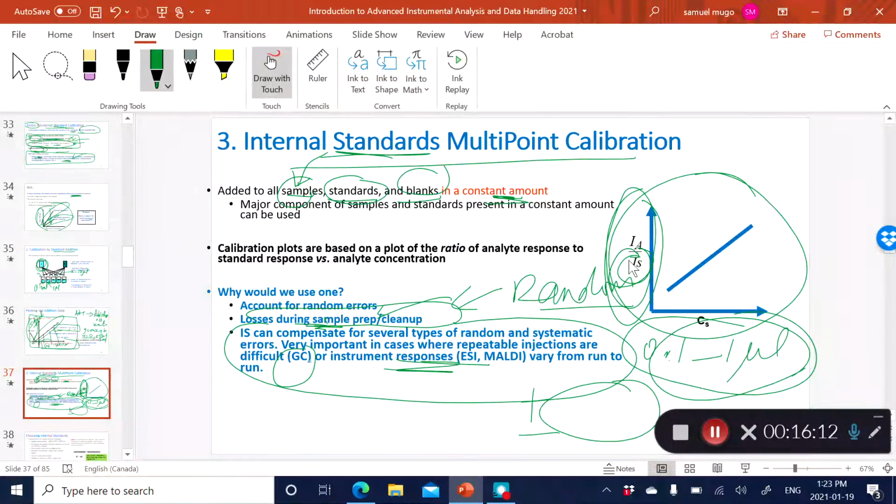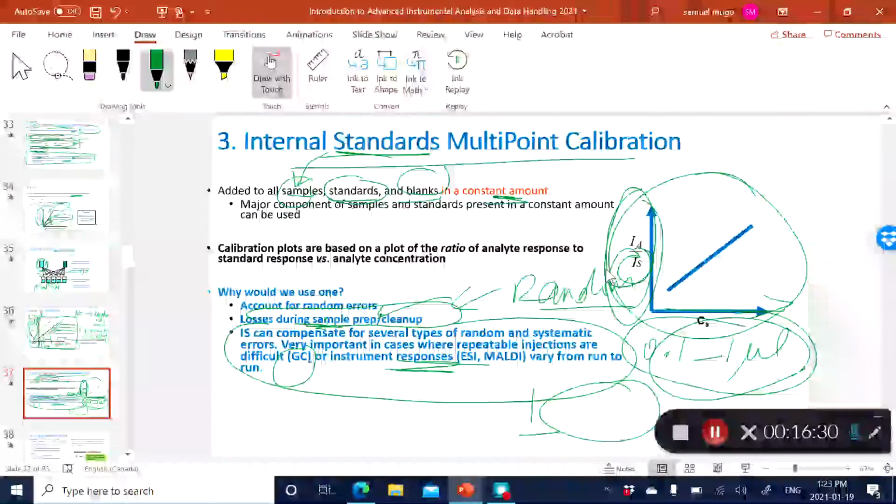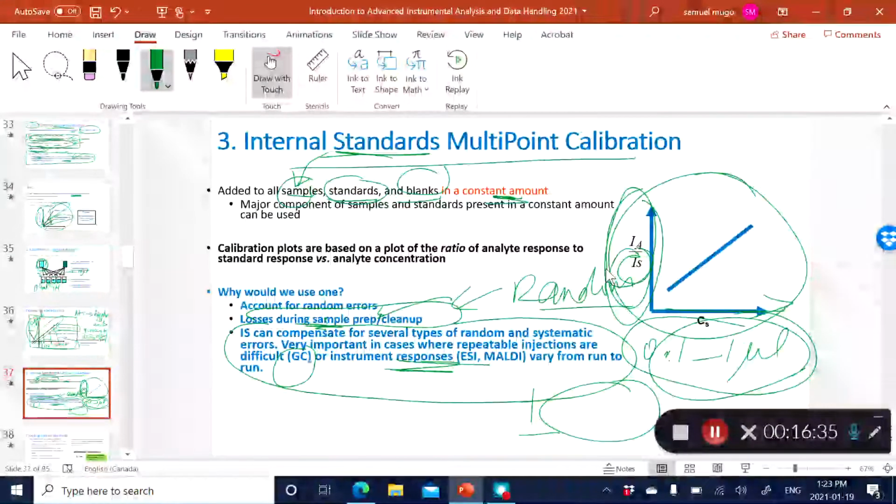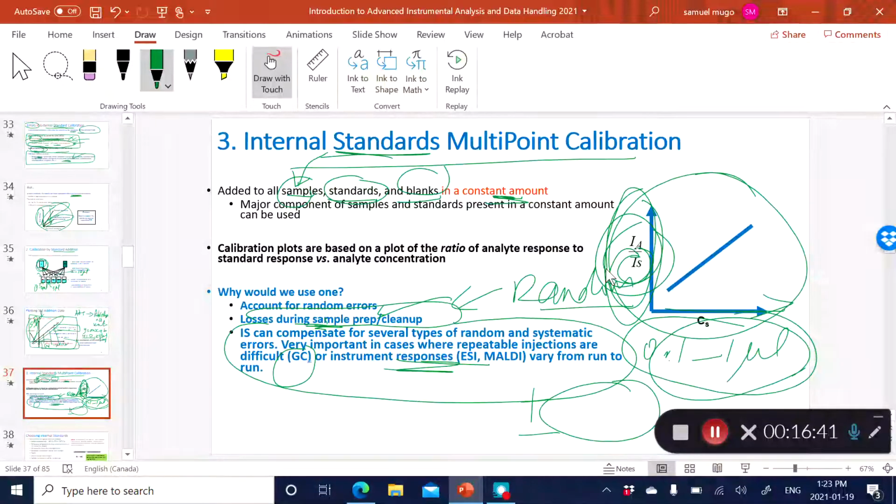And the x-axis is simply the concentration of the standards. Okay. In the next slide, I'm going to differentiate between two things that can be confusing: the standards and the internal standard. I'm going to try to differentiate the two so that it's fairly clear. But again, the y-axis is the signal ratio.